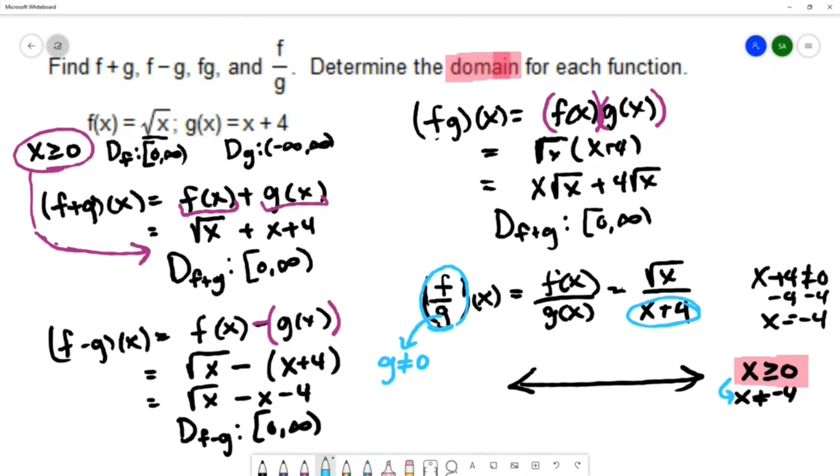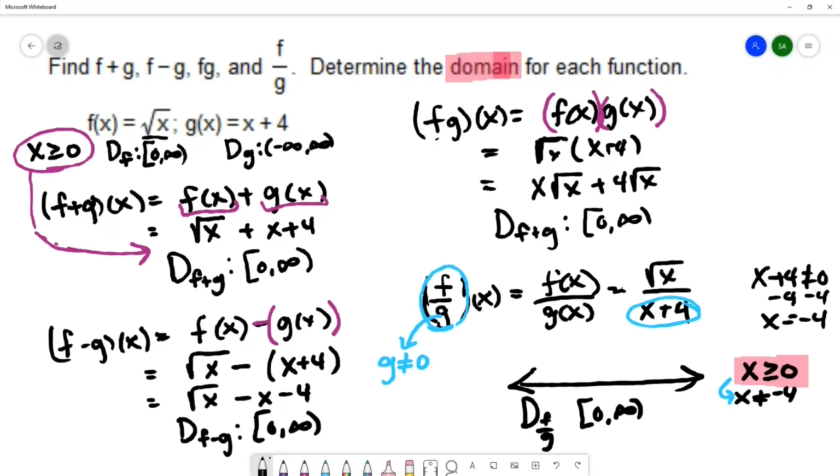By x being greater than or equal to 0, we know that x is not equal to -4 because it can only be positives or 0. So our domain for f over g will also be 0 to infinity.